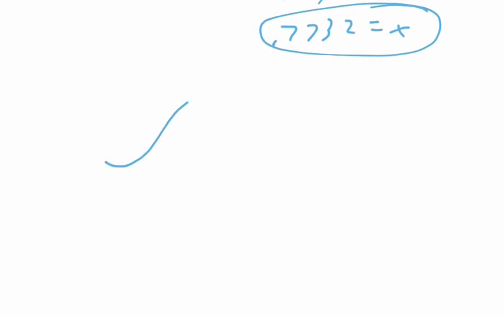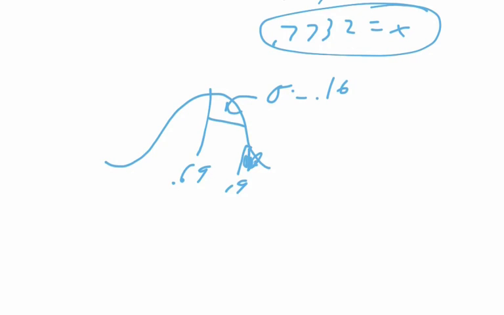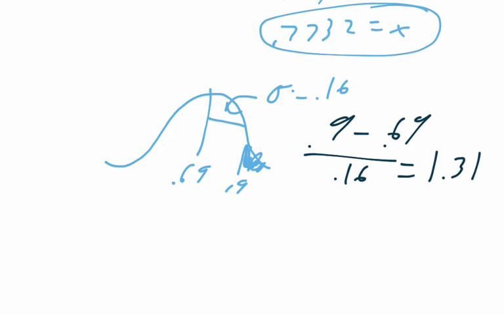Part B says it costs extra if we go over 0.9, so what percentage is up here? Find the z-score. 0.9 minus 0.69 divided by 0.16 turned out to be 1.31.